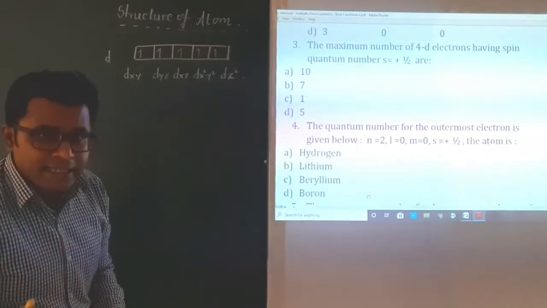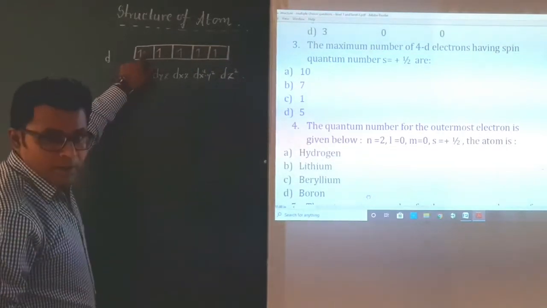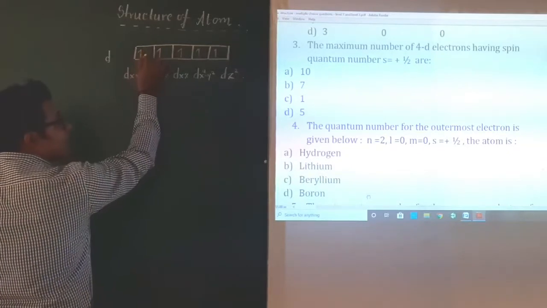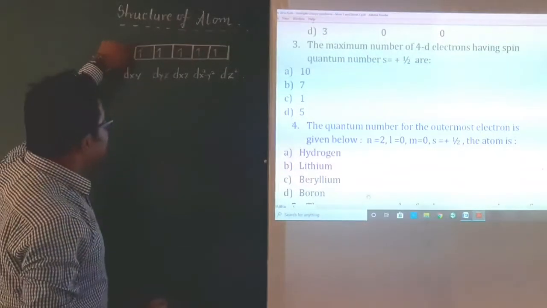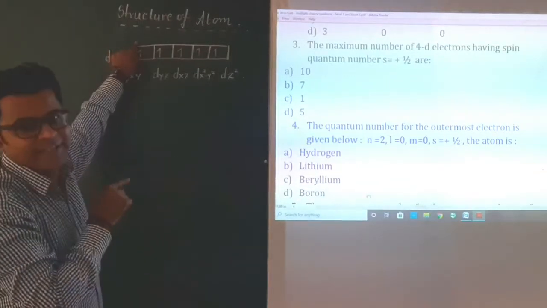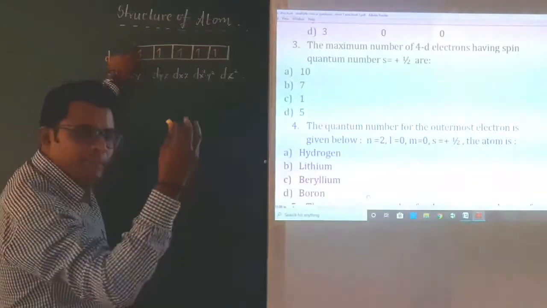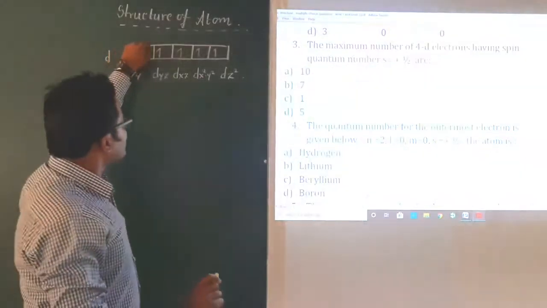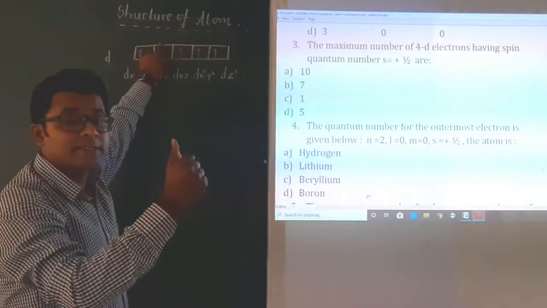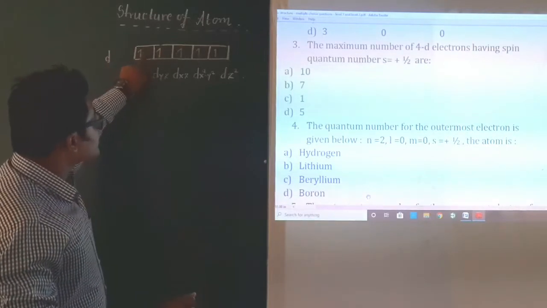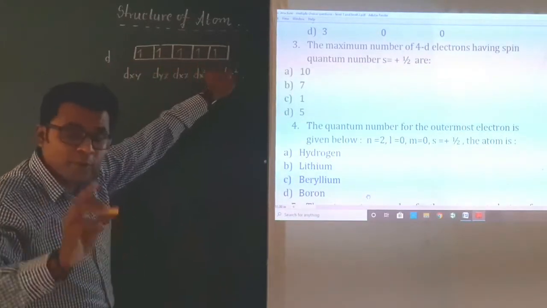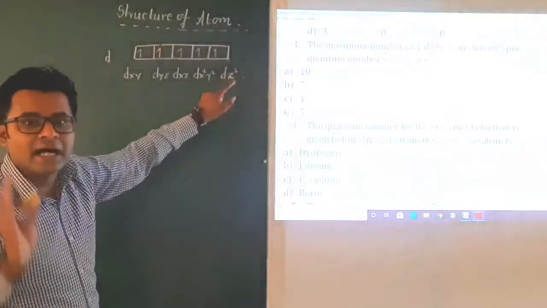If the next electron comes over here and pairs up, the spins get cancelled, so I lose a plus half. Each time I pair up, I lose a plus half. So it should be singly filled, and then I get the maximum number of plus halves.